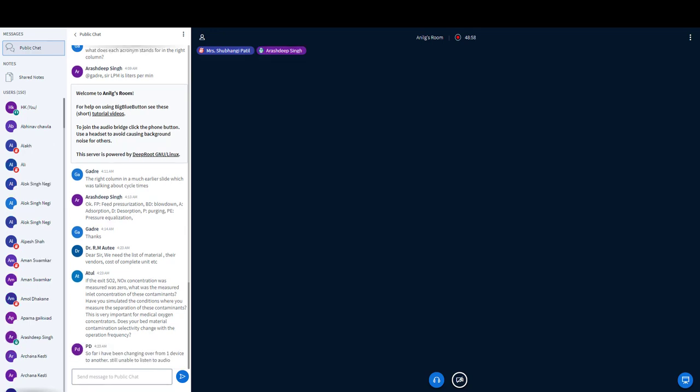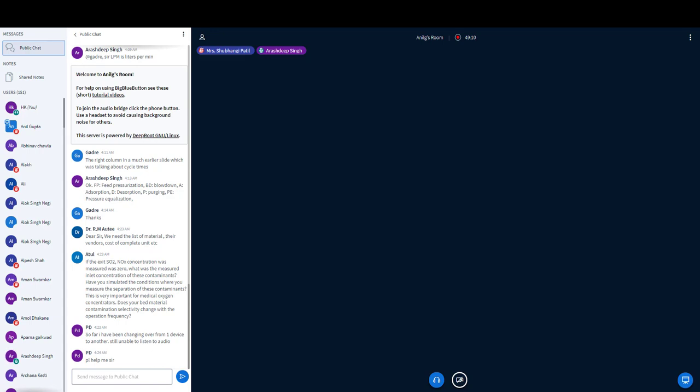While the screen share is off, let me tell you what the other input parameters are. One is the absorption pressure, the pressure at which you carry out your separation. Another very important input parameter is the purging time.